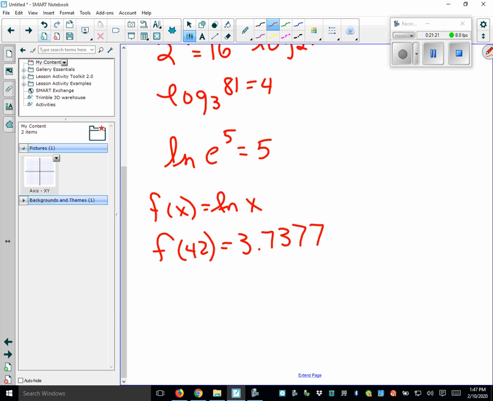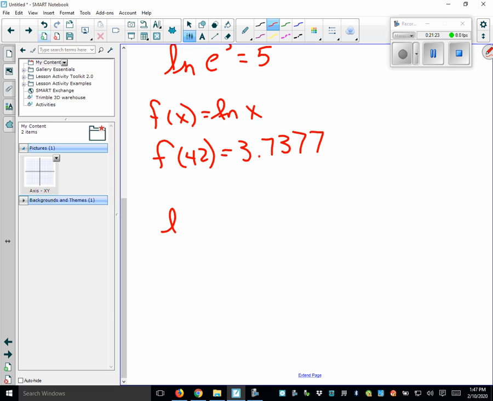Yep. All right. If I tell you log base 5 of x plus 1, what is the domain? What do I know about x plus 1 if I'm taking the log of it?